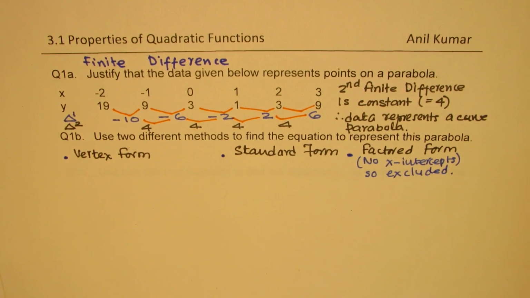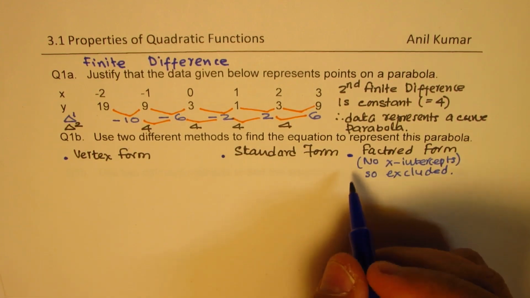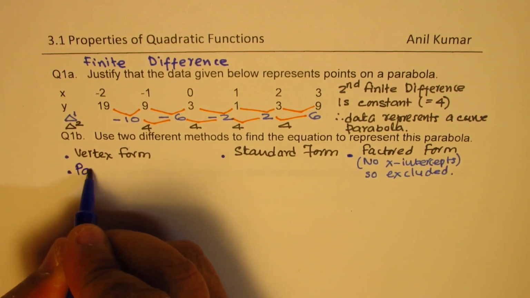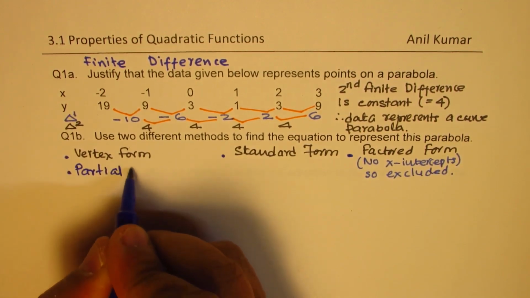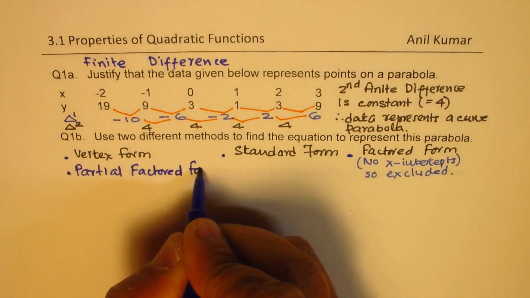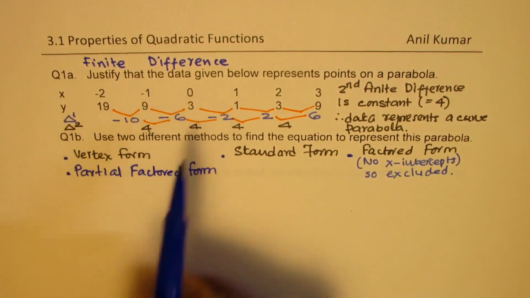Correct. So basically, most of you are left with these two forms in which you could provide the equation of this parabola. But here is also another form which we say partial factored form. We could use partial factored form in all the cases.